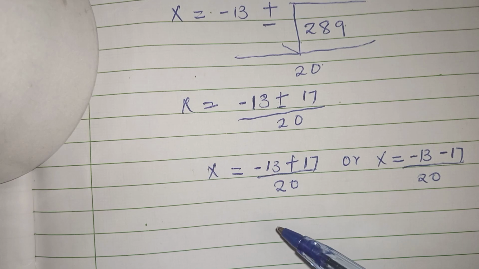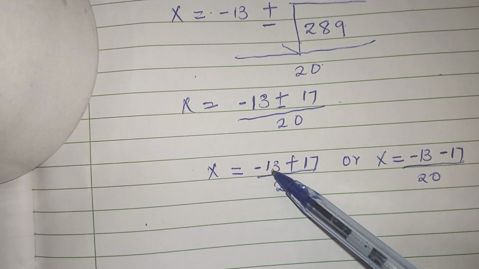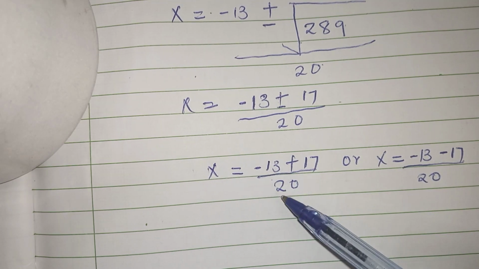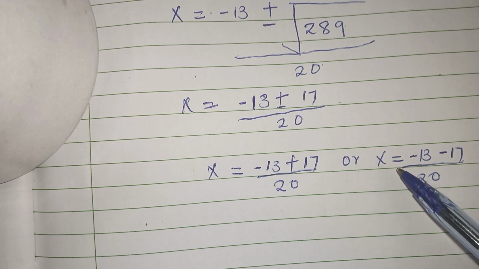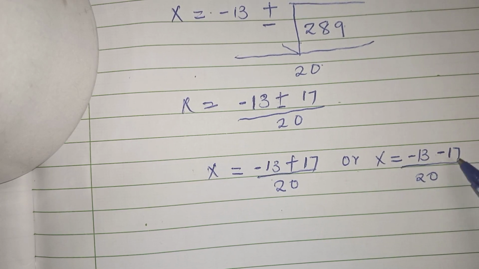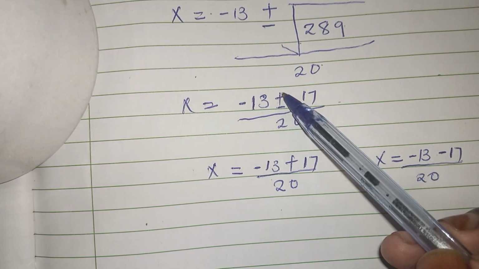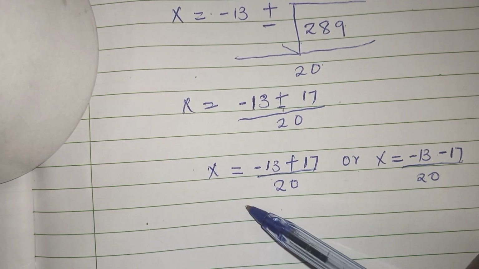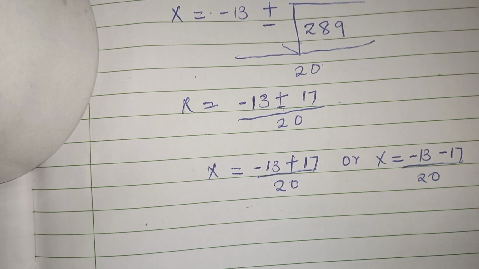So we have two values of x. Remember we had said plus or minus. So we are adding on this side and subtracting on this side.